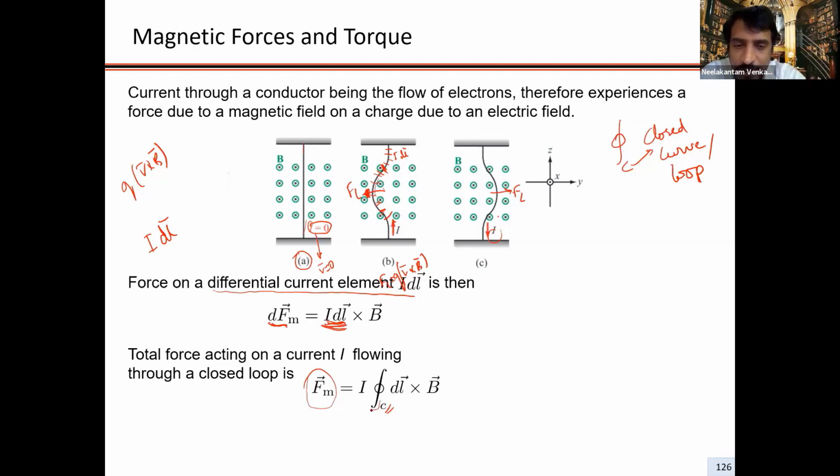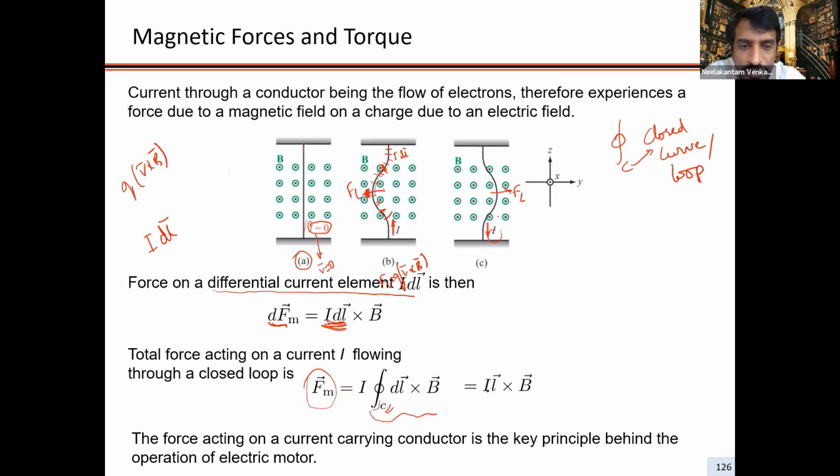So this expression might appear different to you, but in essence, this expression reduces to IL cross B, where this L vector is essentially this integral.